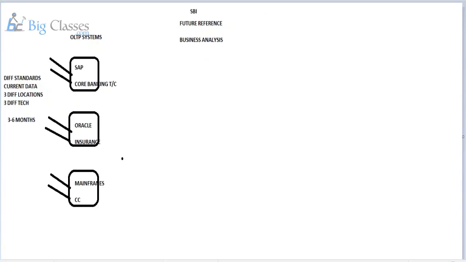And you have data within 3 different locations and 3 different technologies. You don't have a uniform data store. You have the data within SAP, Oracle, and Informatica. Because of these disadvantages, since I am not able to perform the business analysis properly, what I am going to do is create a uniform data store.